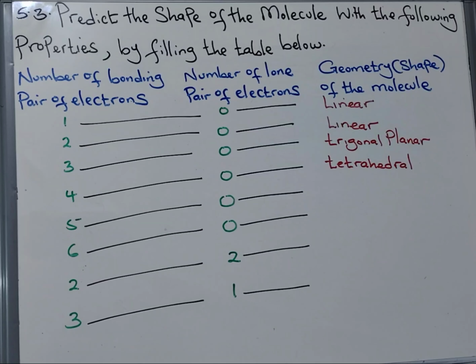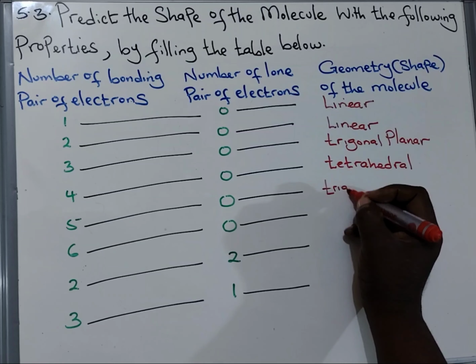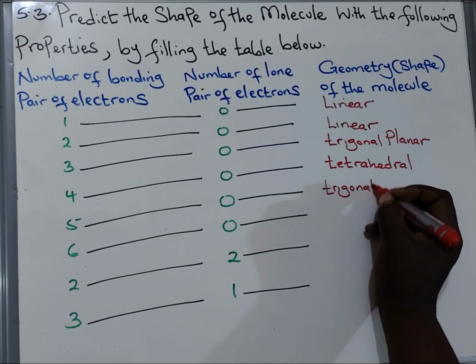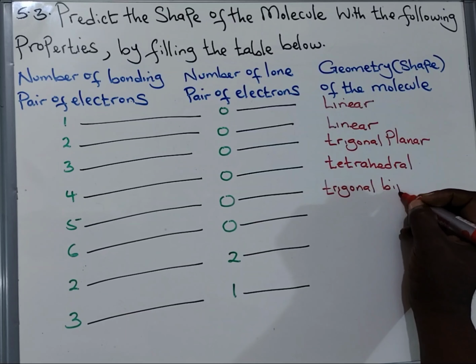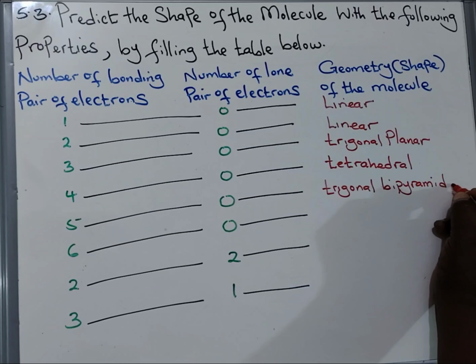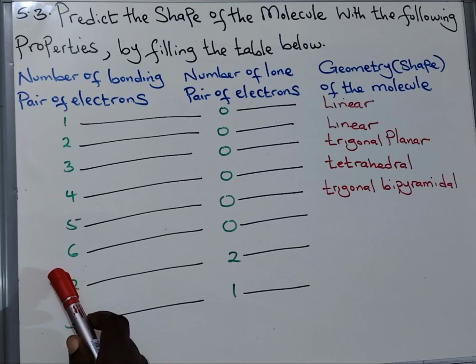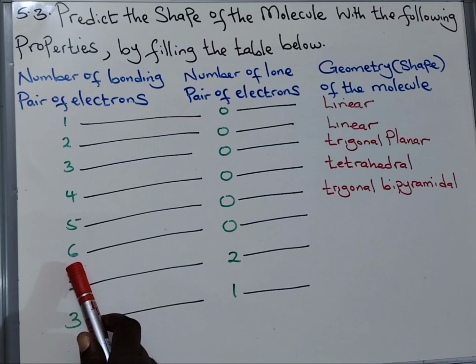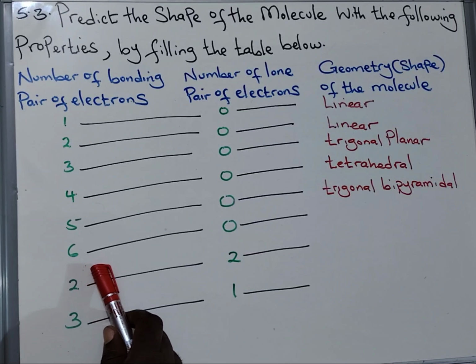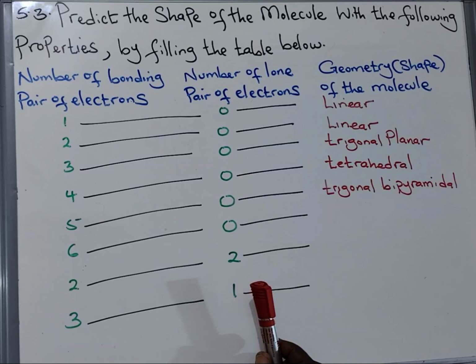What shape is adopted there? It is trigonal bipyramidal. Then we come to this one. We have 6 bonding pairs and 0 lone pairs. What shape is adopted? It is octahedral.